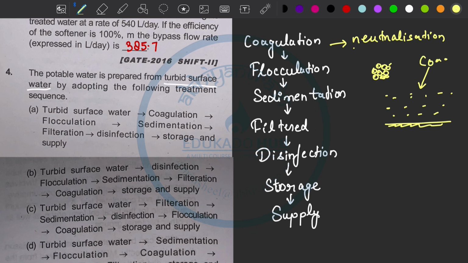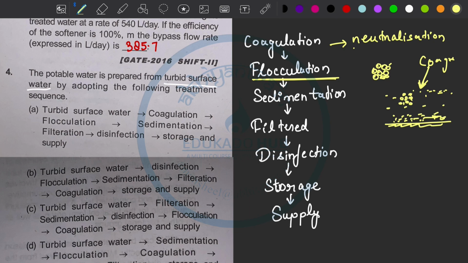After adding it, the charged particles come together and get neutralized, and flocculation is the process in which all neutral particles come together, and then they start settling down. So the turbidity elements are now settling down at the bottom.